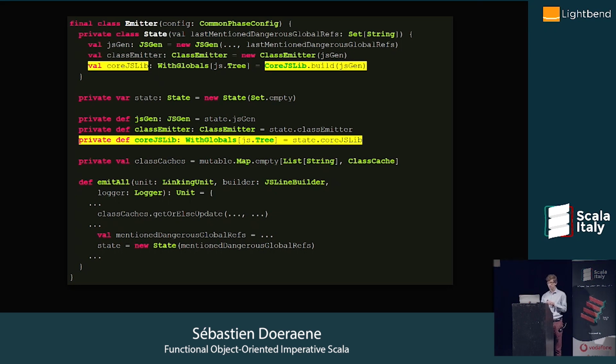Nevertheless, it's supposed to be functional. So this method here, from an architectural point of view, from the rest of the program, I want to be able to reason about it as if it were functional. I only use mutable state inside the instance of emitter for incremental compilation purposes, so as caches, basically, right?